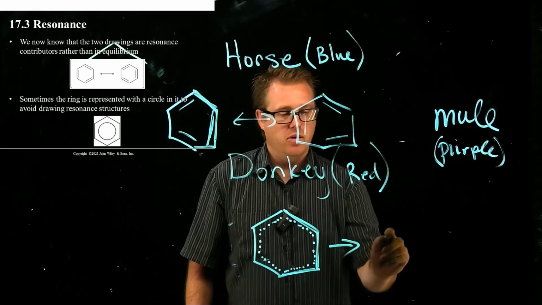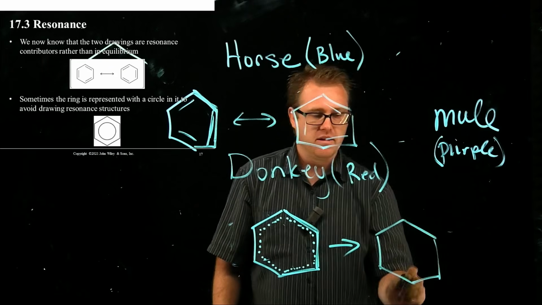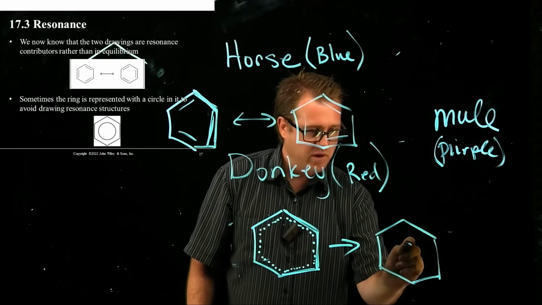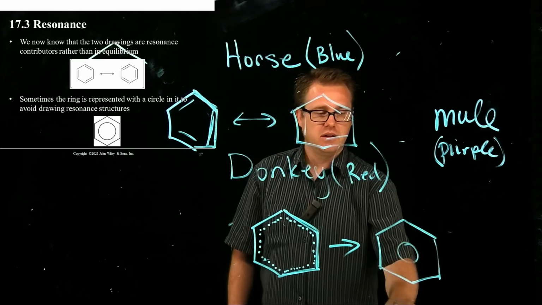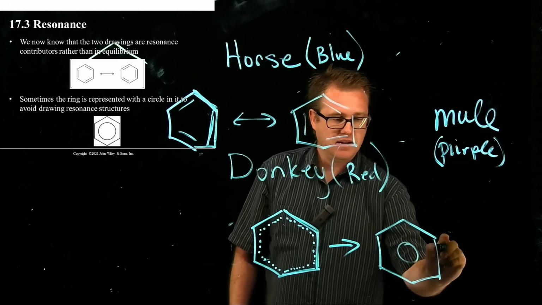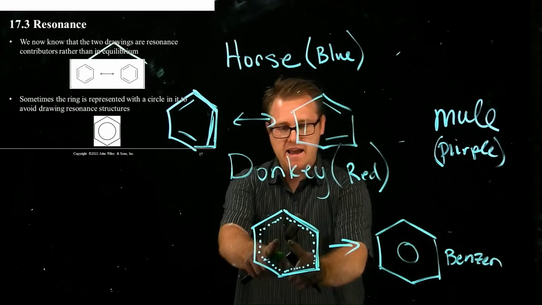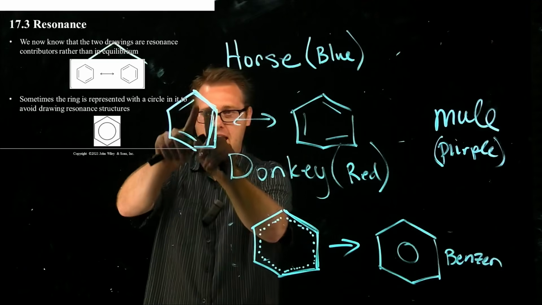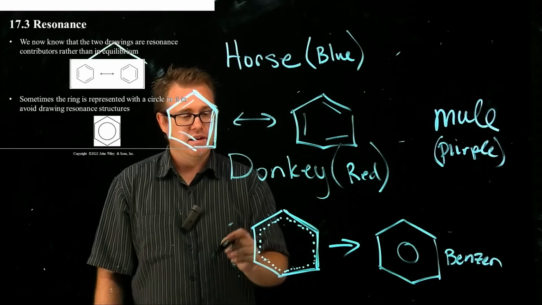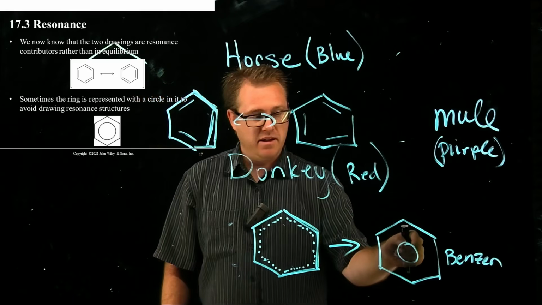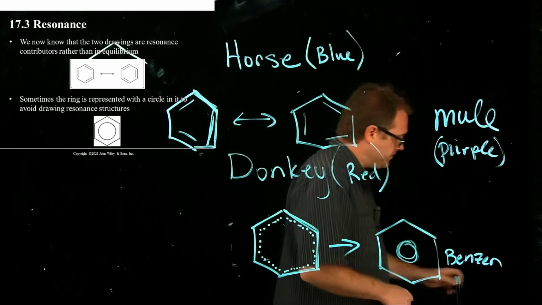And in order to draw benzene a little bit easier, we use the Kekulé structure where we just put a circle like that. So this is benzene, and this represents that, and that, and that. So you will see from now on, I'm going to draw benzene with just the circle in the middle because it's so much easier and quicker to do.